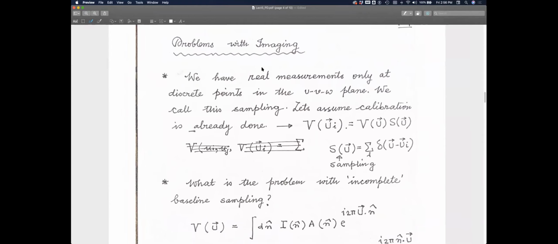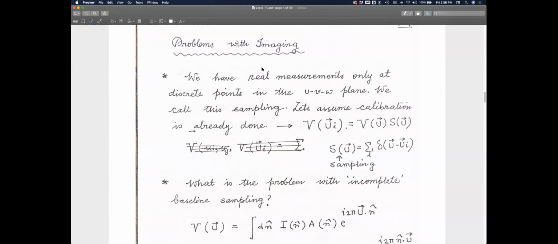First of all, we do not measure every point. You already know about this, but let me emphasize again that we do not have measurements at every point in that box we are talking about, which has U, V, and W going from minus Umax to plus Umax.